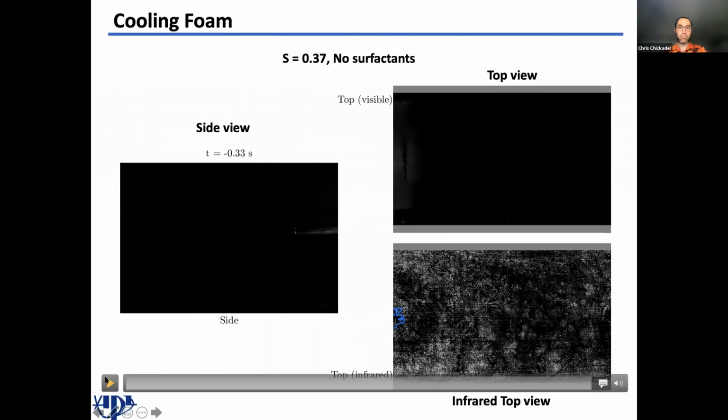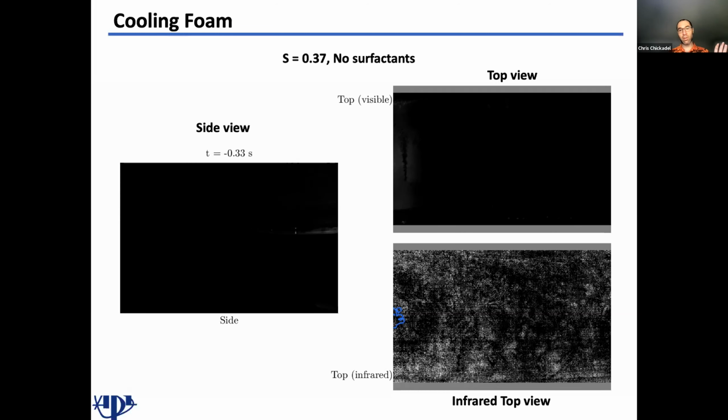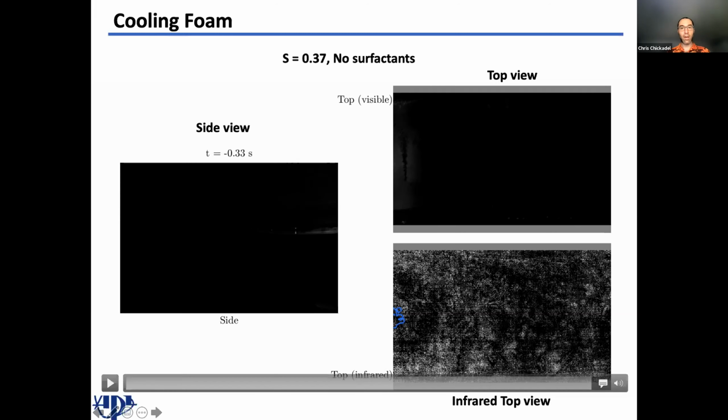Now, in these sets of images, to reorient you a little bit, I'm going to show the time series of the side view, the top view of these are both visible, and the bottom right is going to be the infrared image. Like the example IR images I showed before, the cool is relatively dark, and warm pixels are relatively light.